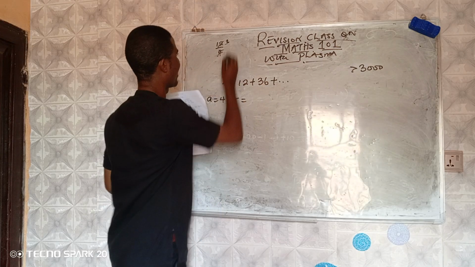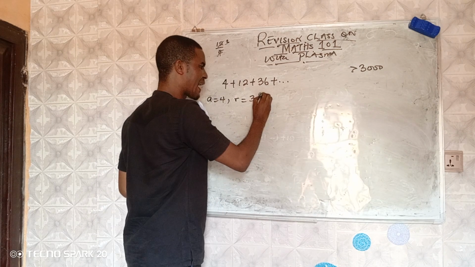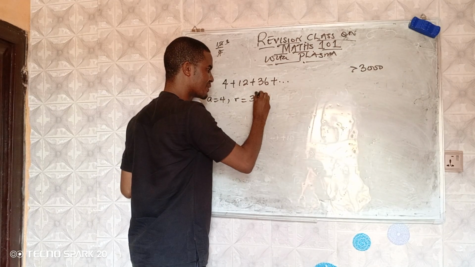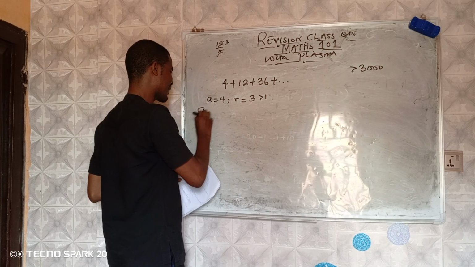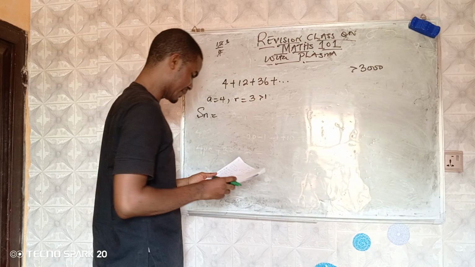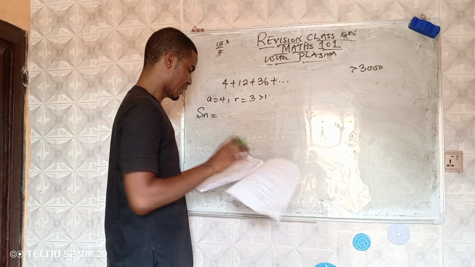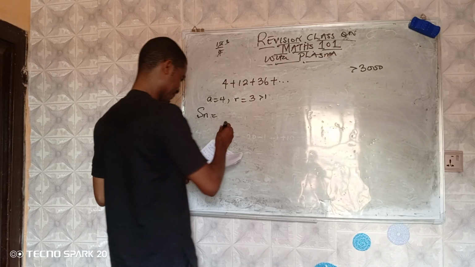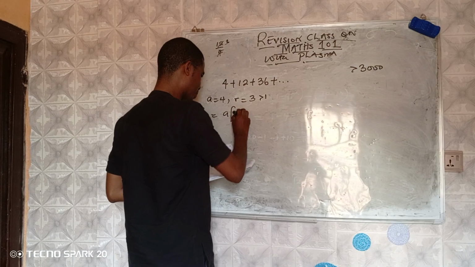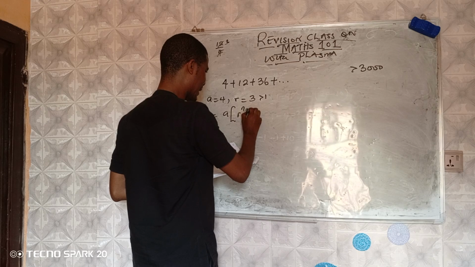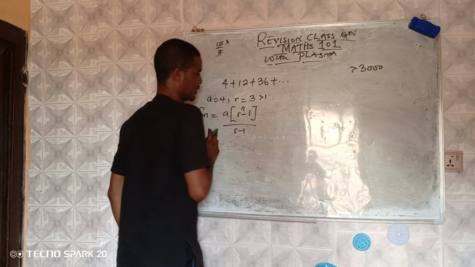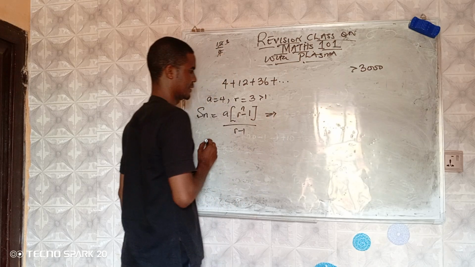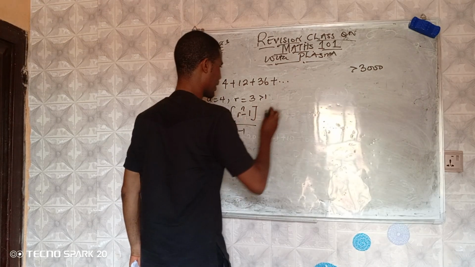So my R is 3. My R is greater than 1. So my Sn should now be A times R raised to power n minus 1, over R minus 1. So my A is already 4.